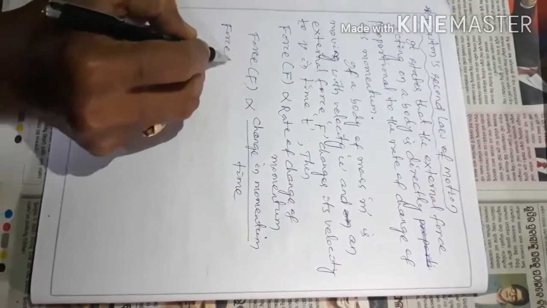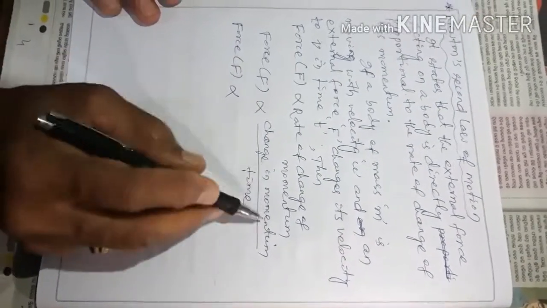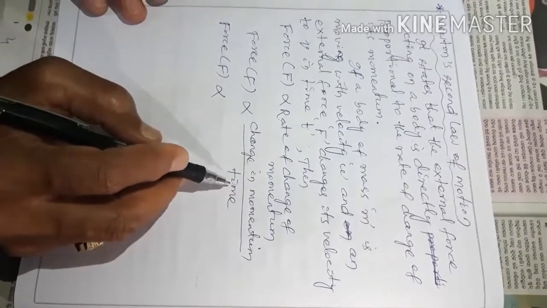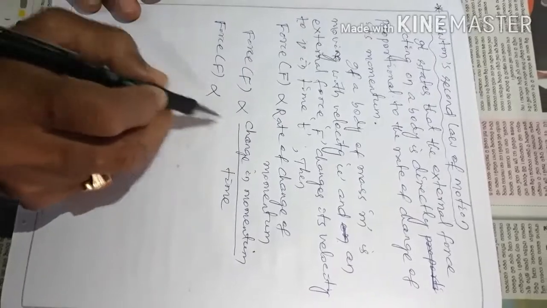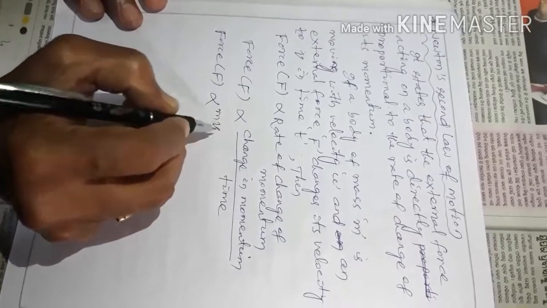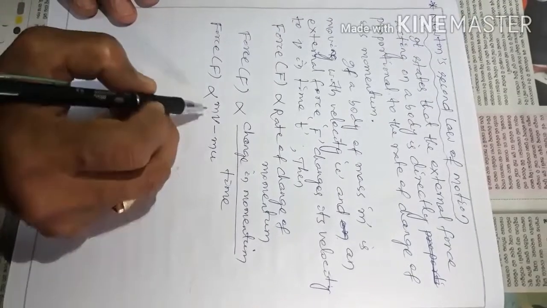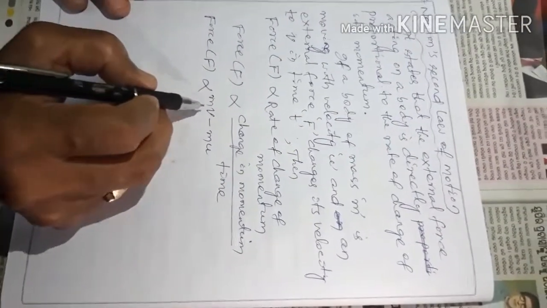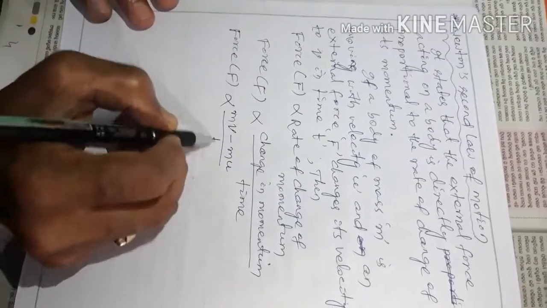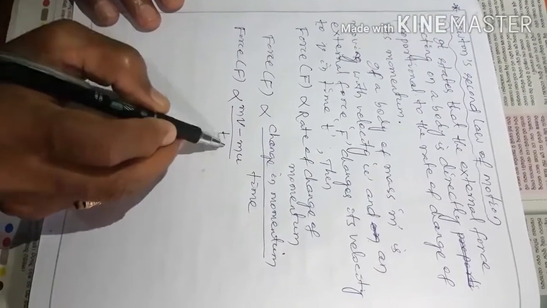F is proportional to change in momentum by time. Change in momentum means final momentum minus initial momentum, divided by time t. Final momentum is mass into final velocity v, minus mass into initial velocity u. So F is proportional to mv minus mu by t.